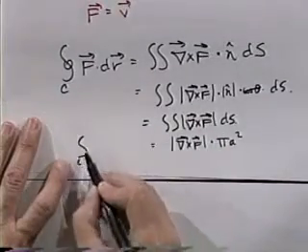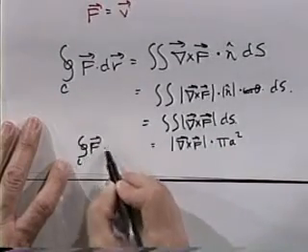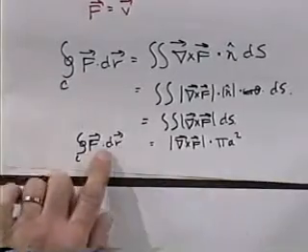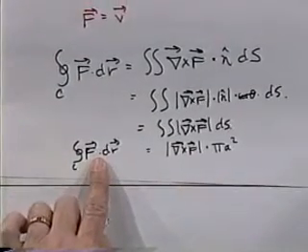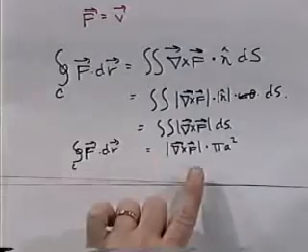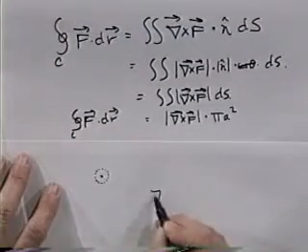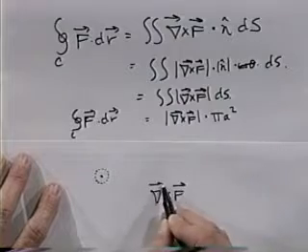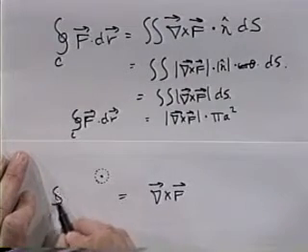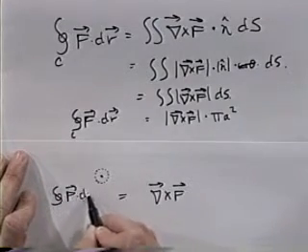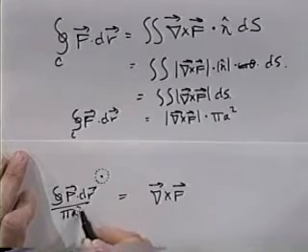So I showed on this side, this was tendency to rotate, right? And as you can see then, the magnitude of your curl is equal to your tendency to rotate divided by some area.